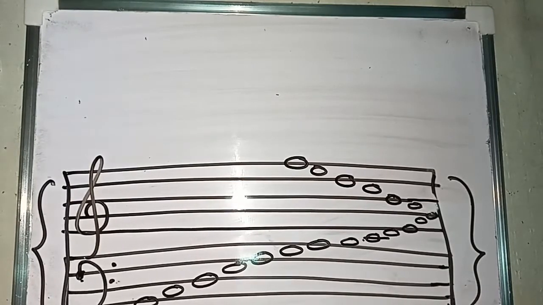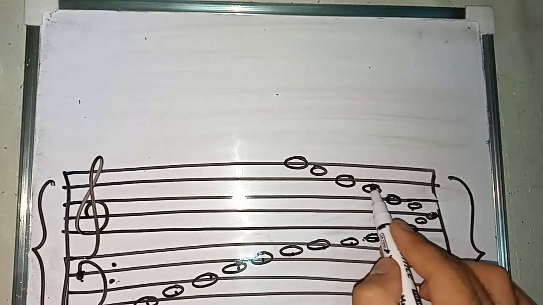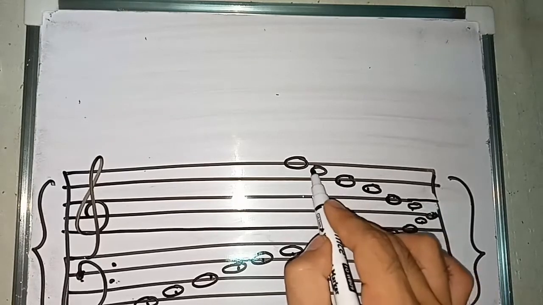Okay, so we have here the pitch names for the F clef. We have the sol, la, si, do, re, mi, fa, sol, la, si, do, re, mi, fa, sol, la, si, do, re, mi, fa.